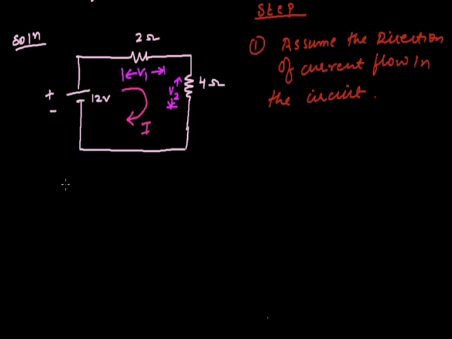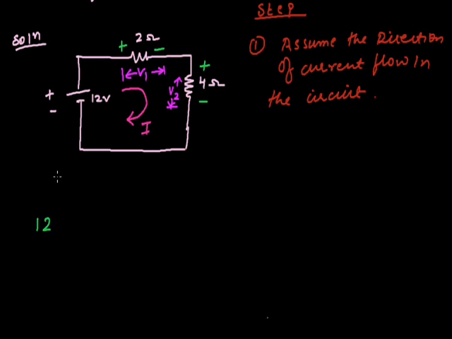According to KVL, the sum of all the individual voltage drops in a closed loop is equal to 0. So current flows from the minus to the plus terminal of the battery, so we write 12. Then the current enters the 2 ohm resistance at the positive terminal and leaves at the negative terminal, and it also enters the 4 ohm resistance at the positive terminal and leaves at the negative terminal.